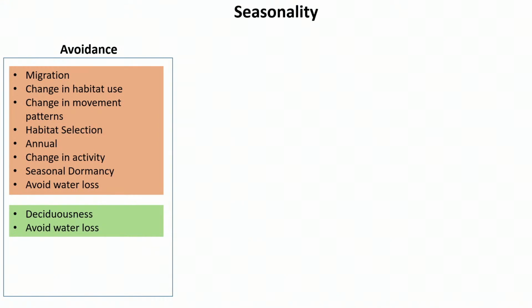For example, we have changes in movement patterns, or changes in activity, where animals change how they behave in the dry season compared to the wet season. And in plants, you get something like deciduousness, where trees drop their leaves in order to avoid the lack of water.